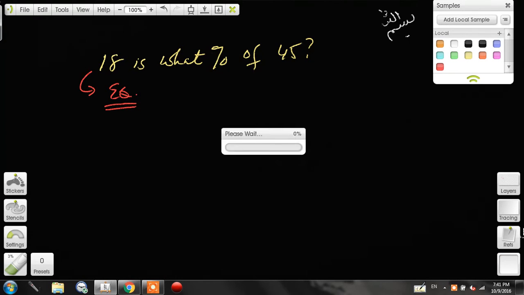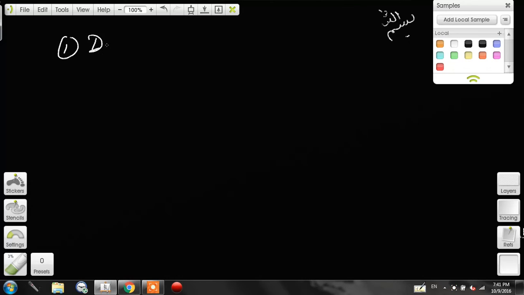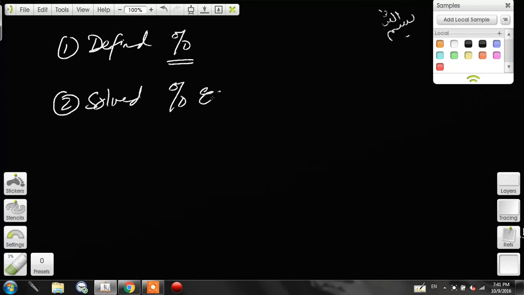So we did two things so far. First, I defined what the concept of percentage means. And then we have solved percentage equations.